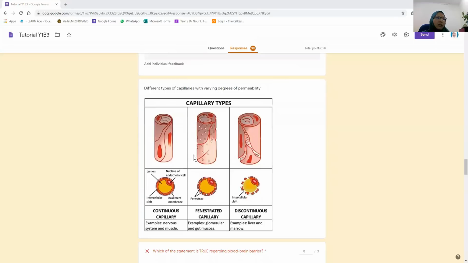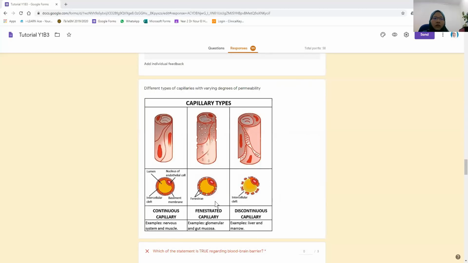Alright. Okay, this one is just a picture showing the types of capillaries with different permeability. For CNS and muscles, it is a continuous capillary. For the glomerulus and the GIT, it is fenestrated. And for the discontinuous capillary, it's liver and marrow.